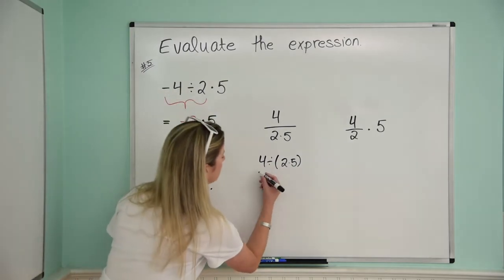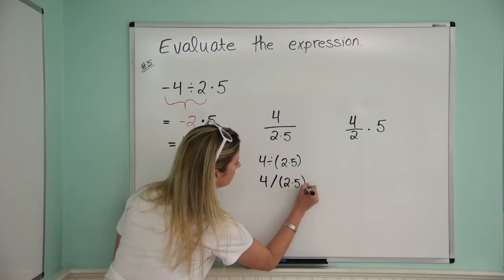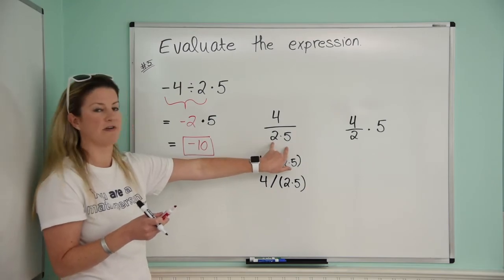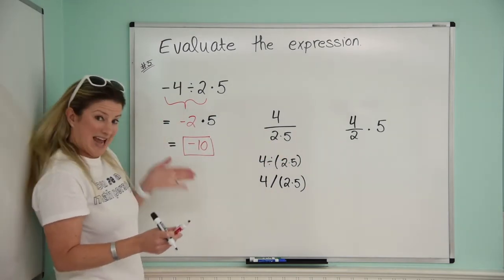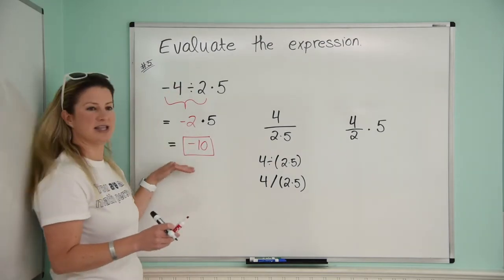Or I think technically it'll show the slash. Most calculators do that, okay? But you have to type it in one of these two ways, right? Because you have to say, I want the 2 times 5 together in the denominator. But technically, when we follow a strict order of operations, this is the answer.